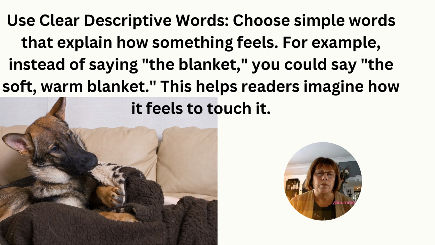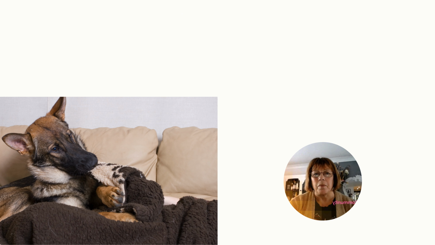For example, you could write the soft, warm blanket, which would add that feeling into the idea of writing about a blanket. So remember, the words that you're choosing for feeling or touch are to allow the reader to imagine how it feels when you touch something. And I think those words soft and warm do just that, don't you?